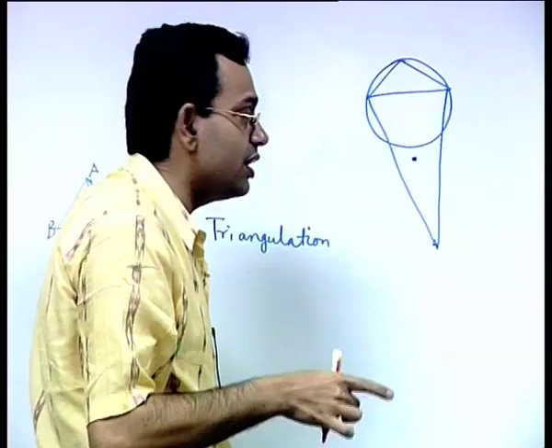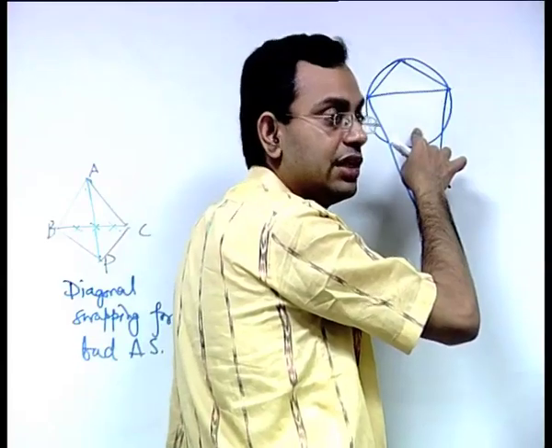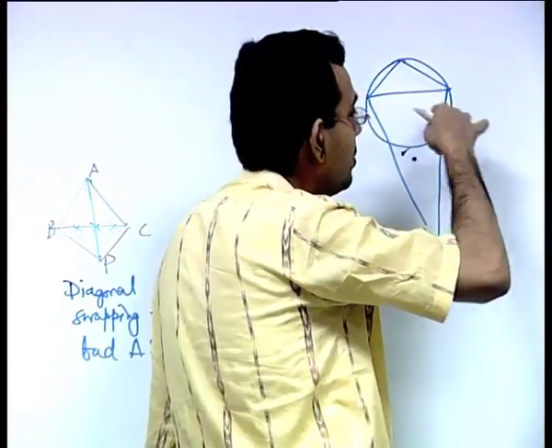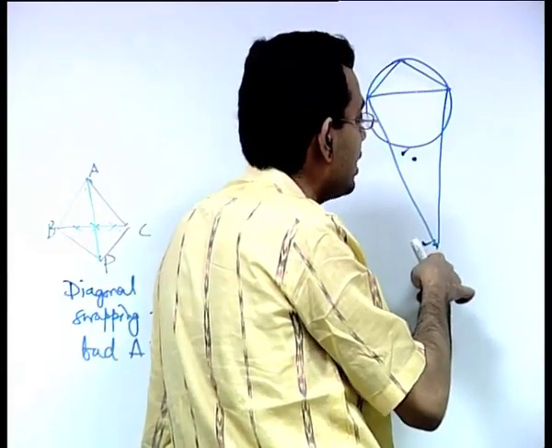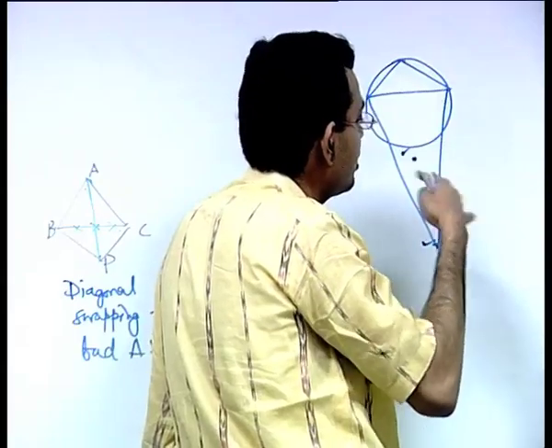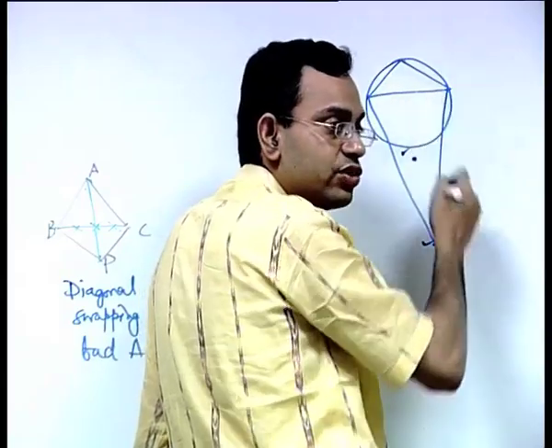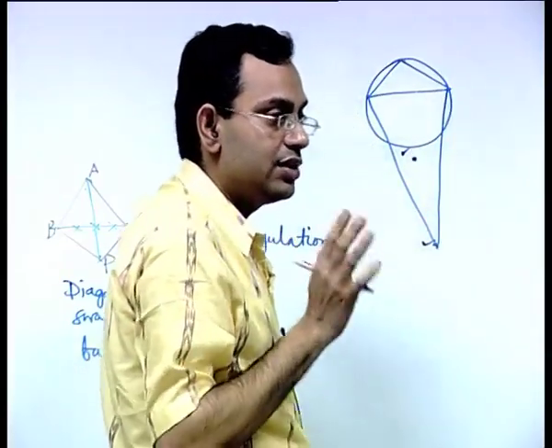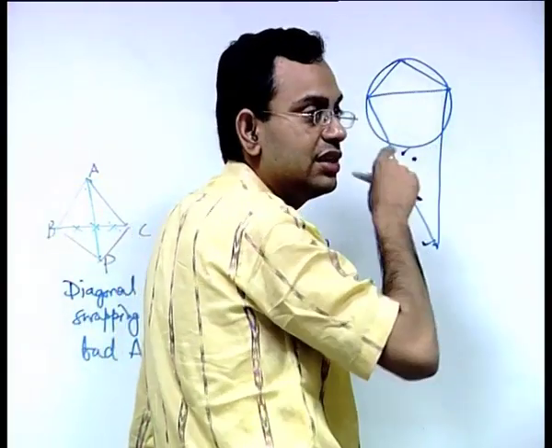But in reality you neither take this point nor this point, you take the point arbitrarily. So it may be at a large distance, no problem. Why? Because even if it is at a large distance, you are not scared of having a large triangle, because you may divide it again into small triangles. So the thing is, this circumcircle is not initially there in your mind.